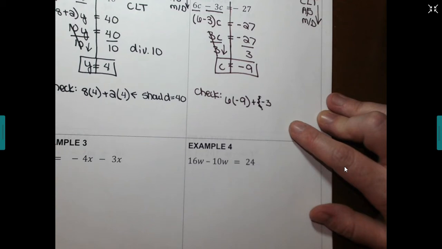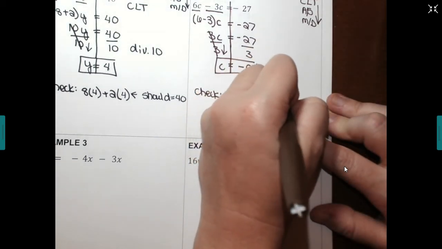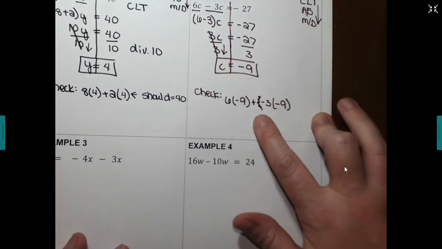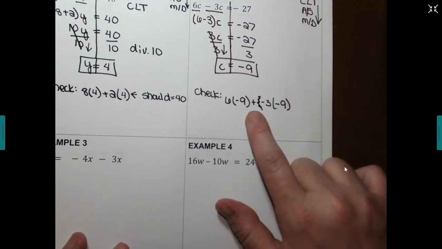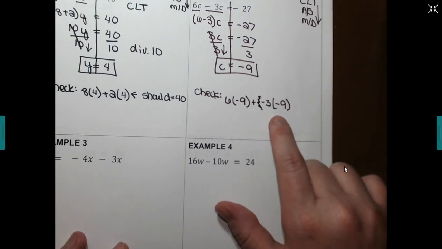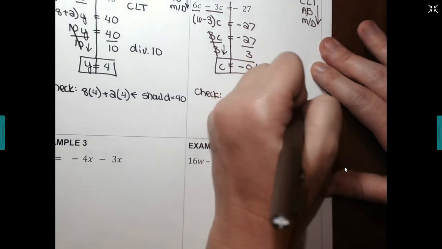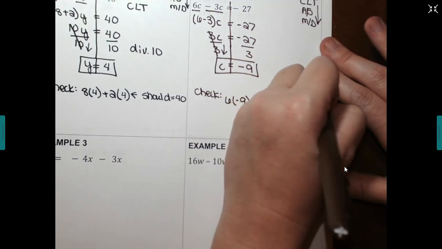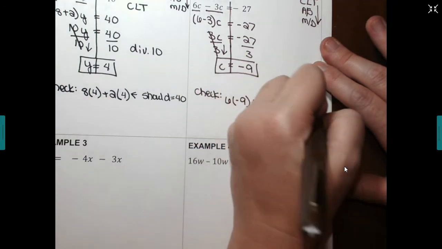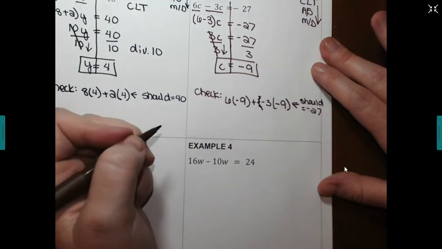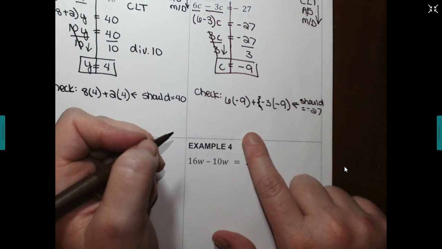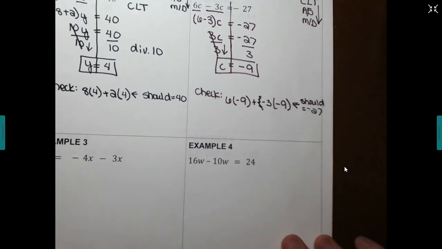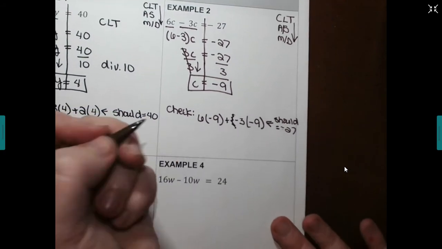Plus negative 3, negative 9. So this guy, imagine that parentheses is not there. So it's plus negative 3 times negative 9. When we put that guy into Desmos, it should equal negative 27. I'll give you a hint. It does. And I'm going to rewrite that just so we have a clean version.